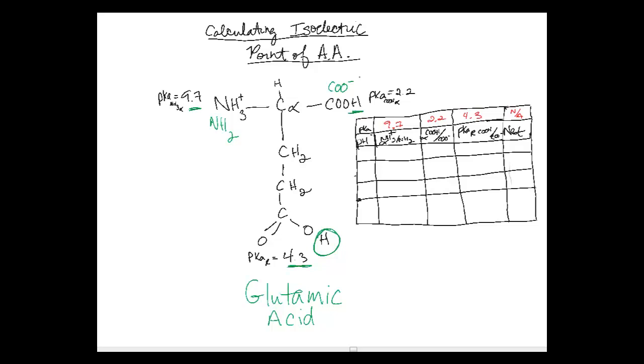So the way we determine that again is by picking pHs that are above and below each pKa. We start with the lowest pH of 1, which is usually below everything. And then the first pKa that I have to surpass is the 2.2 of the carboxylic acid. So a pH greater than 2.2 would be 3.